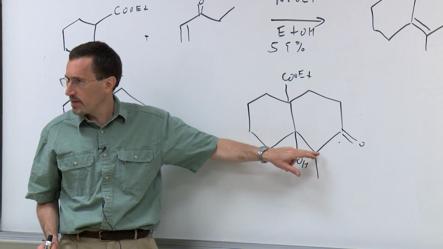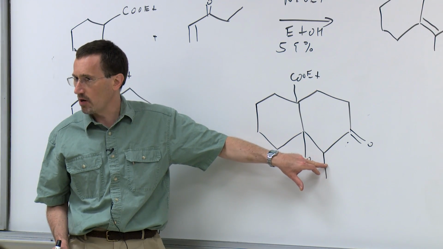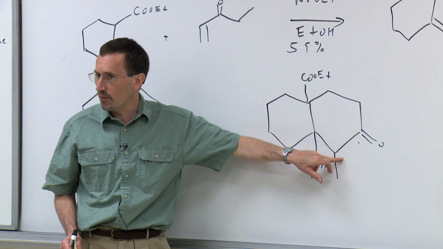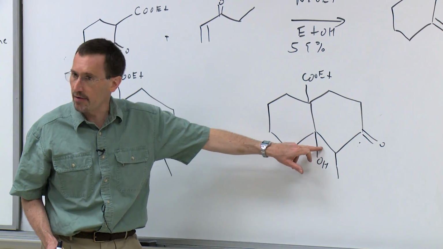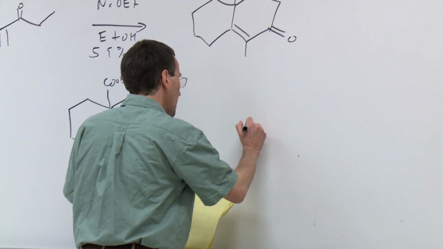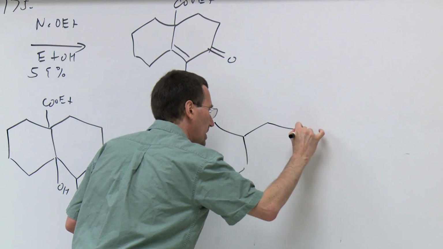But only one deprotonation next to the carbonyl at the more substituted position allows an E1CB elimination to occur to kick out hydroxide anion and give you the Robinson annulation product.